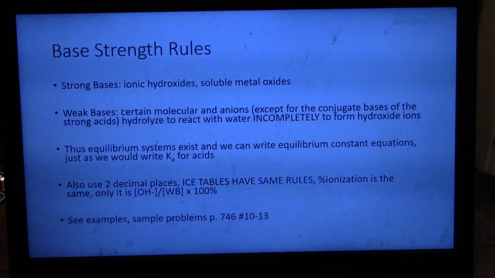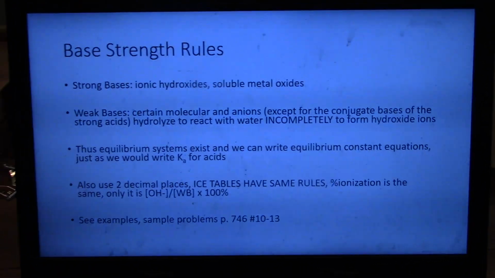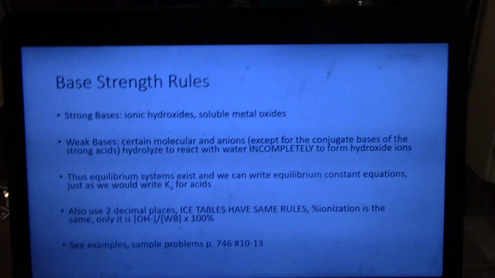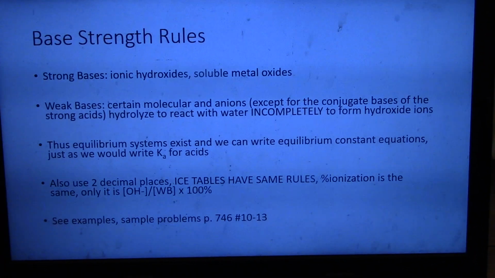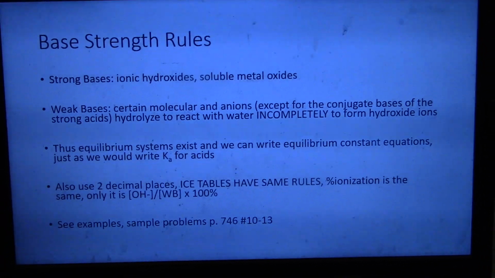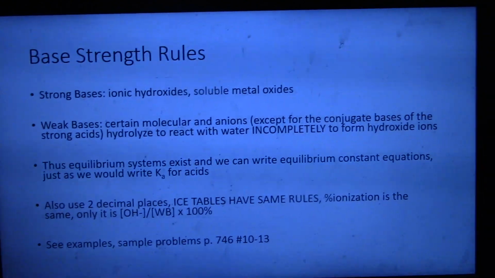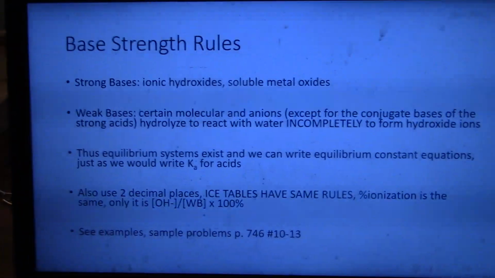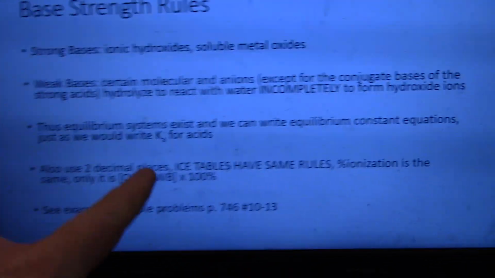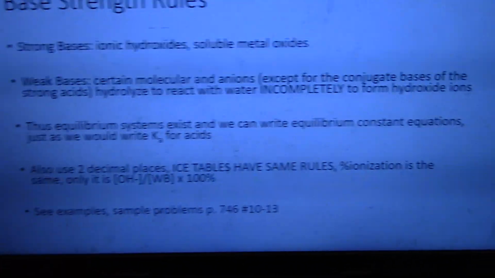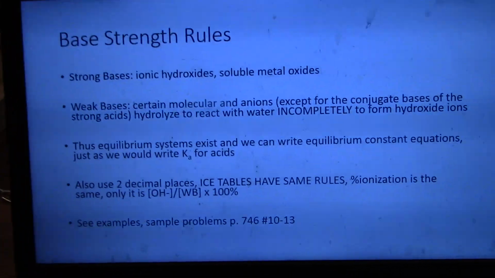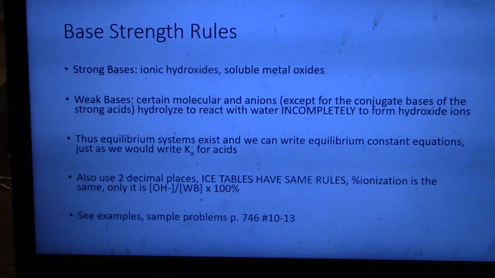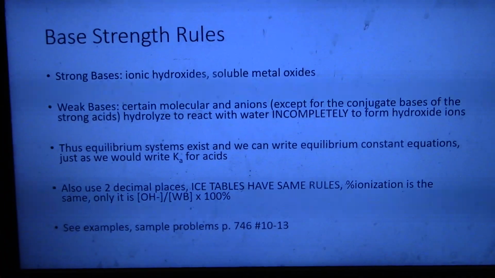Same rules. So percent ionization for bases is the concentration of the hydroxide ion over the weak base times 100%. That's very similar to the acid equation, which is the concentration of hydronium produced over the weak acid present times 100%, right?